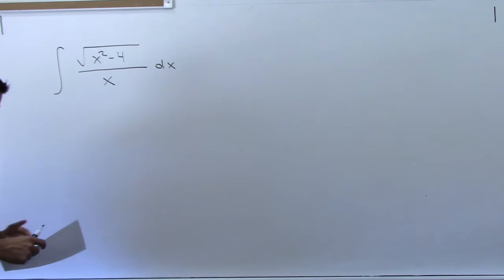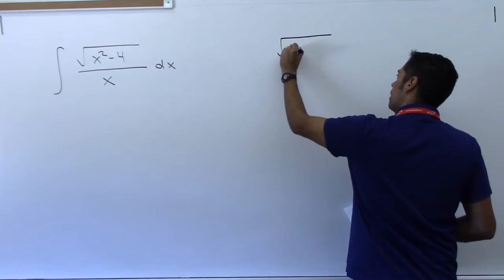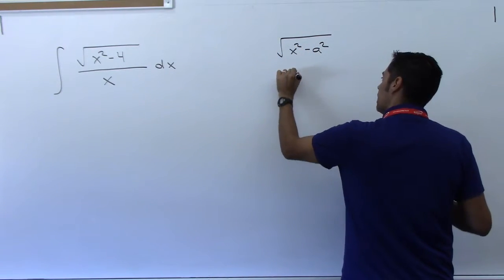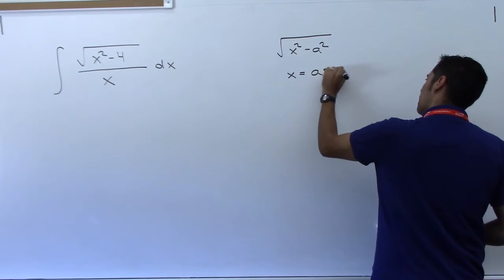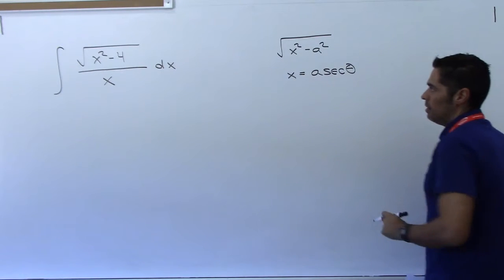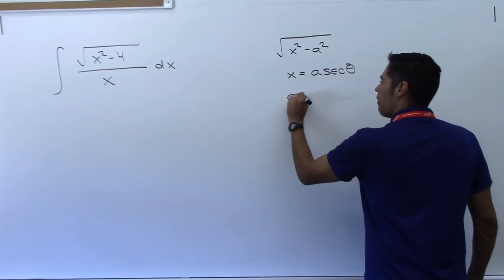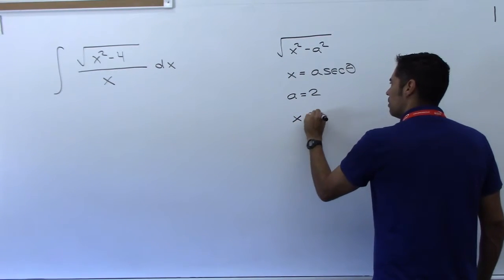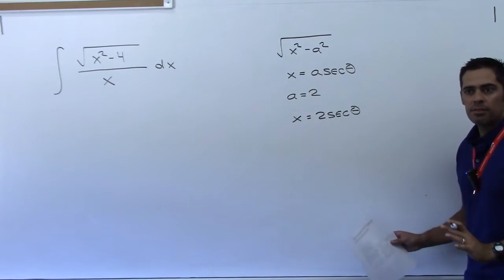X squared minus a squared. We have the format square root x squared minus a squared, which according to this, I need to make the substitution x is equal to a secant theta. A for us in this problem would be what? 2. And so I'm going to make a substitution, x is equal to 2 secant theta. If I do this, things should all work out real nice.